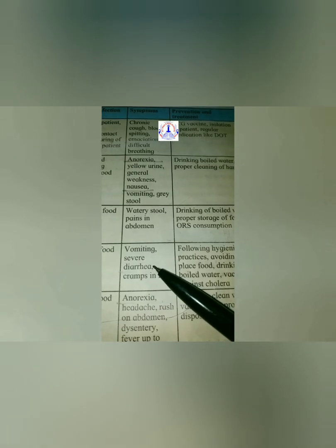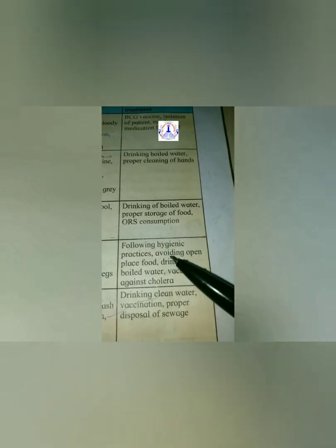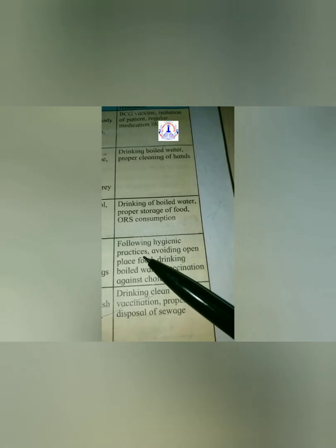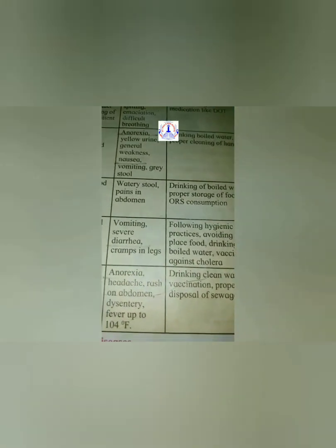Due to the diarrhea, the patient loses a lot of water, and that is why cramps in the leg can take place. Following all hygienic practices, avoiding open-place food, drinking boiled water, and vaccination against cholera: these are the prevention and treatment we should follow.